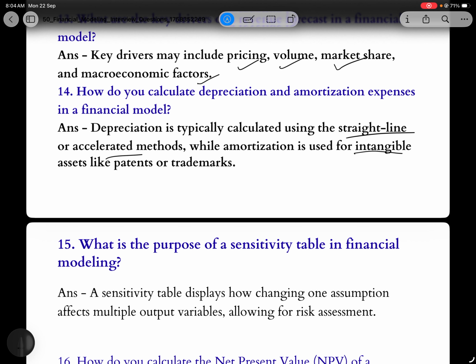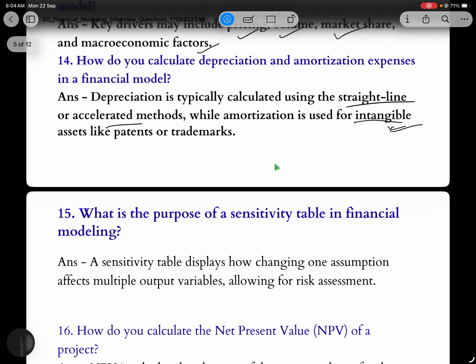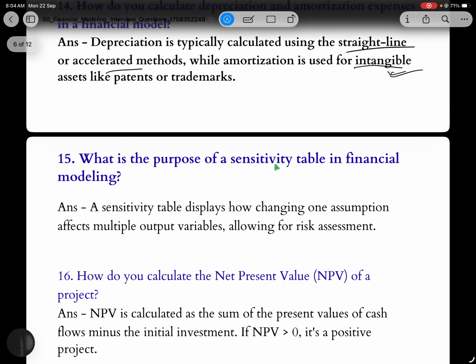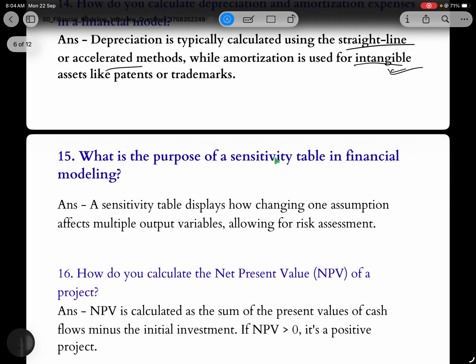Something which can't be touched, which does not exist in physical form, we normally amortize. That's how we do the depreciation side of things. Of course, there are multiple methods, but normally straight line or accelerated methods are the common ones.